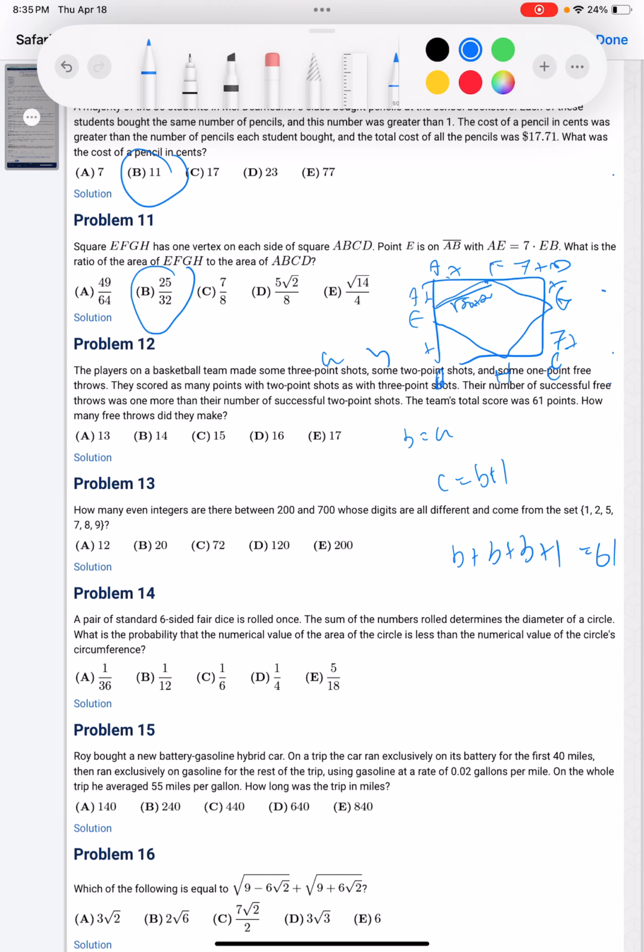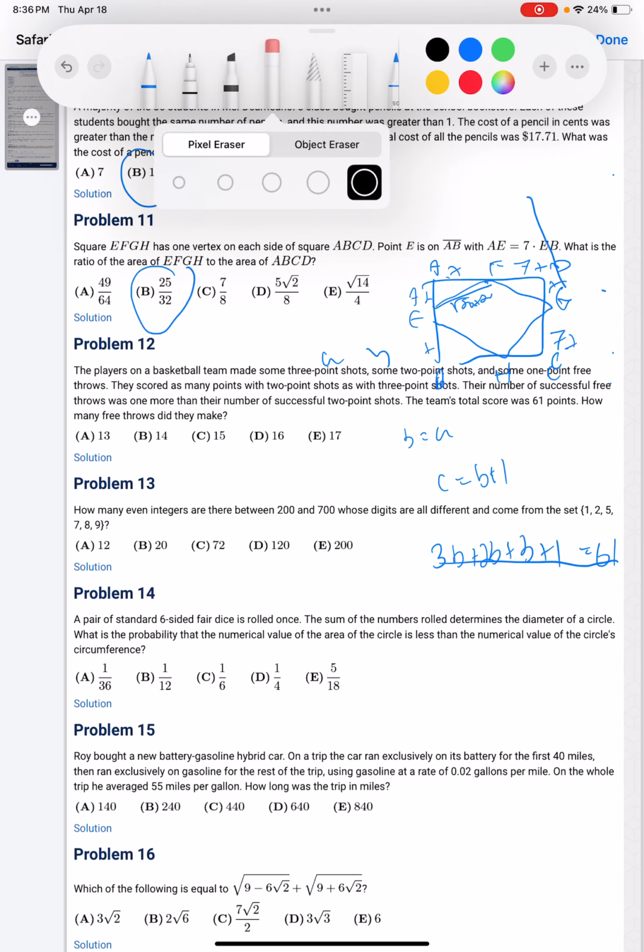Oh, sorry, total score. So we would have 3, 2, and then 1. So 5B, 6B. So B equals 10. 10 plus 1 is 11. No, wait, then B equals 12, because 12 add 1, you're going to get 13, right? 5B.